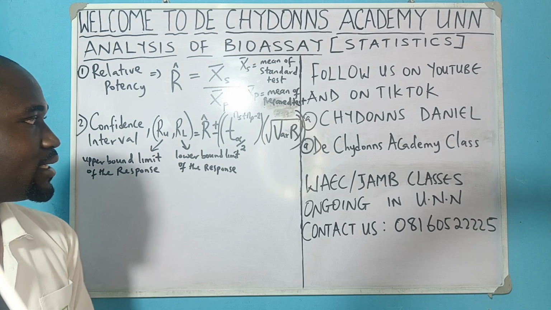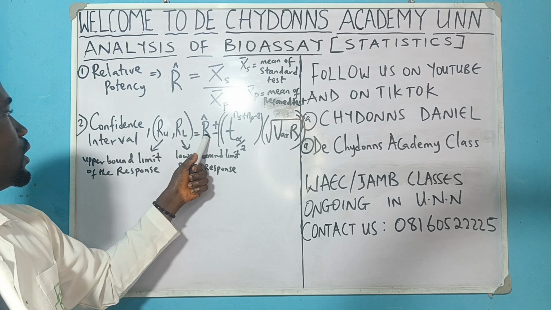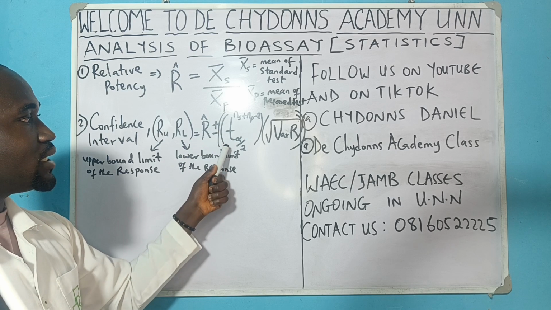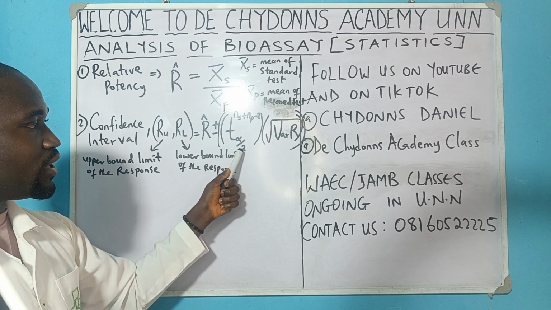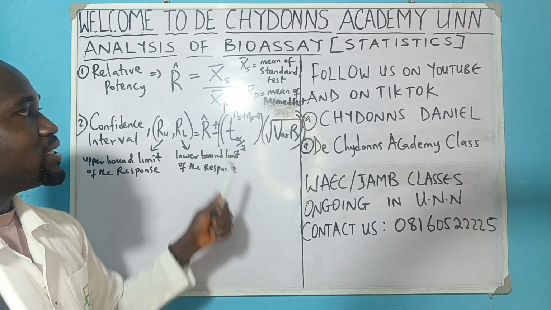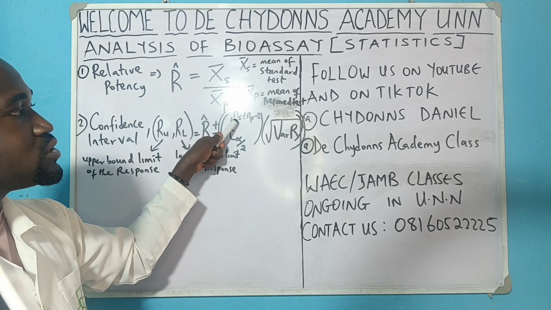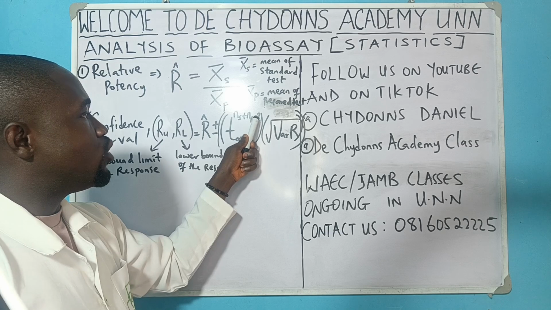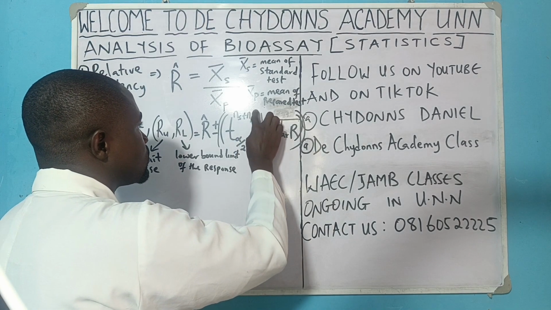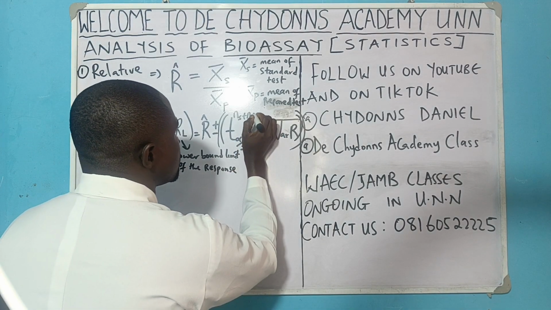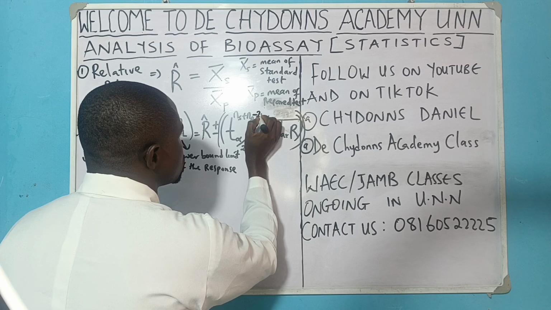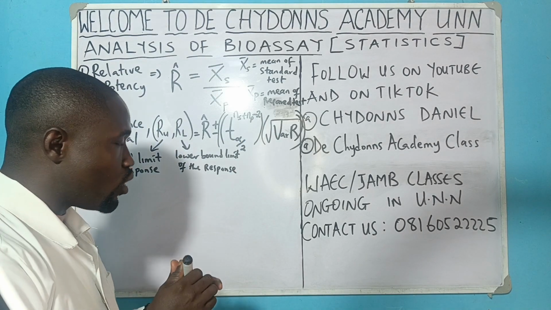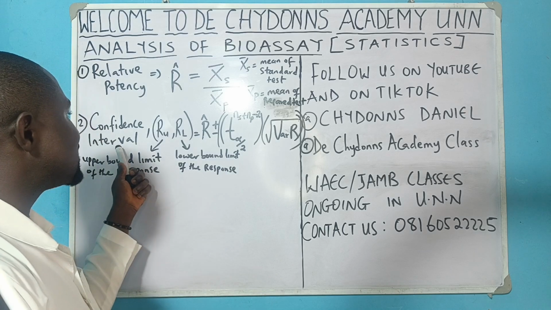So what am I saying? Relative potency plus or minus bracket T alpha over 2, NES, that is sample size of the standard, plus sample size of the prepared, minus 2, then times this. That is how to find the confidence interval.